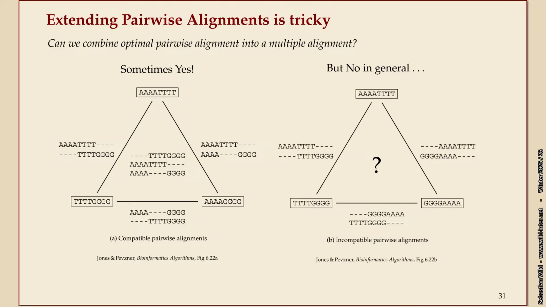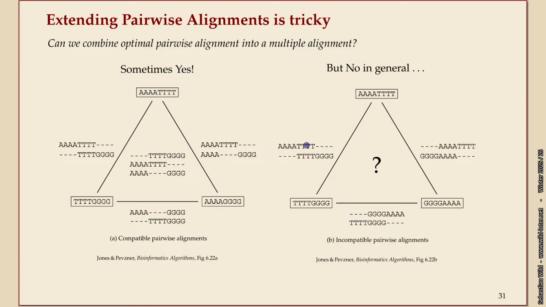Now, this does not always work if you take this last string and reverse it, right? Then this alignment here now wants to align the middle G's. This alignment wants to align the A's behind the G's, and this wants to align the T's before the G's. So in a way, we've created a cycle.